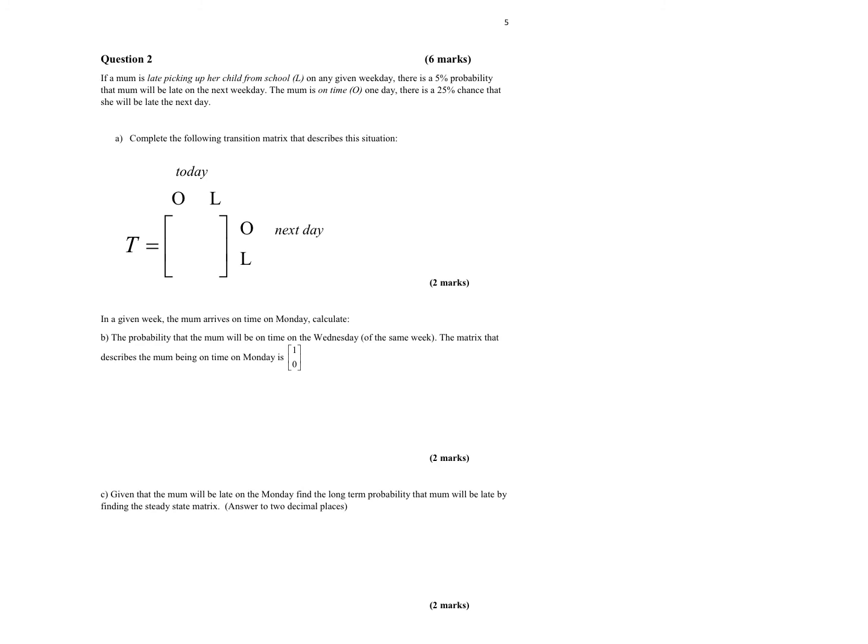So let's do the next one. If mum is late and is picking up her children from school, L, on a given weekday, there's a 5% probability that mum will be late on the next weekday. So this is transitions again. Okay, so we're setting up transitions. So if we're going from late, that should be late on the next day.